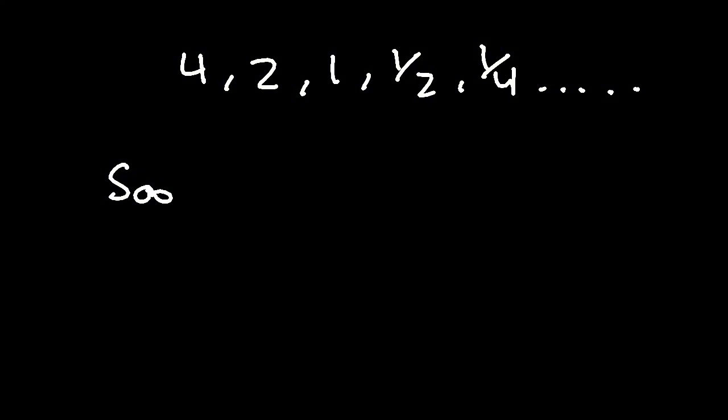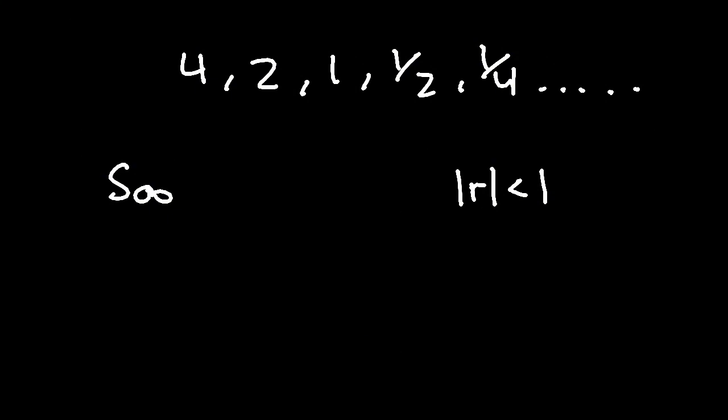Well, first of all, we need to check if a sum to infinity actually exists. And to do that, we get the absolute value of the common ratio and see if it's less than 1. If it's less than 1, a sum to infinity exists. However, if it's more, a sum to infinity does not exist.